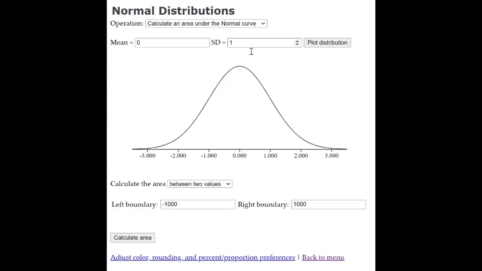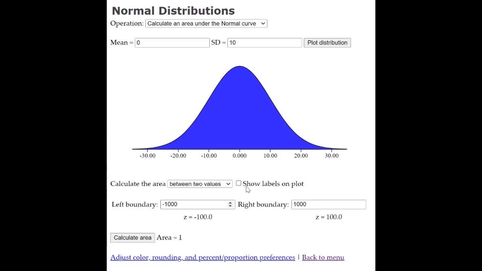Now, let me put it back at 0 for the moment. The reason we have 0 and 1 is that if you're at the average, 0 is 0 standard deviations above or below the average. It's right at the average. But let's try some different standard deviations, say a standard deviation of 10. The only thing I have to be careful about is making sure these numbers are big enough. If I'm going to check if the area is 1, they need to be pretty far away.